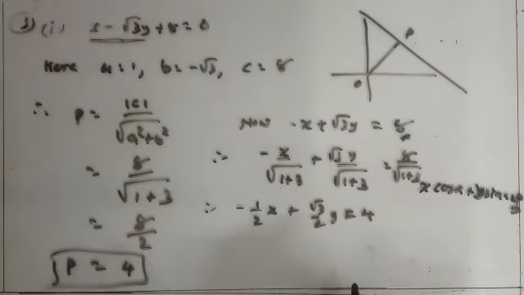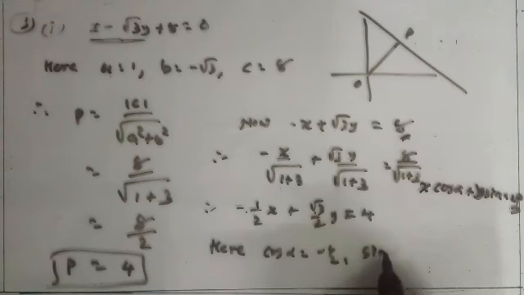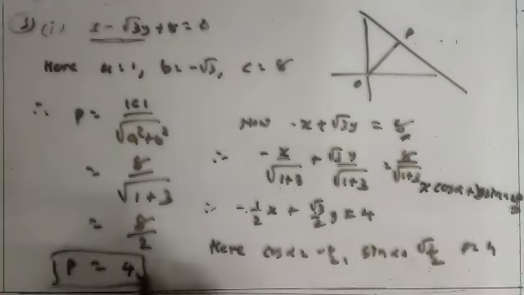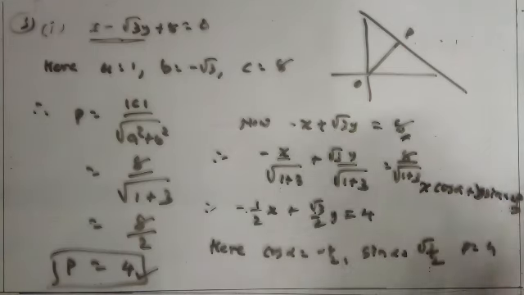Now compare with x cos alpha plus y sin alpha is equal to p. Here cos alpha is equal to minus 1 by 2, sin alpha is equal to root 3 by 2, and p is equal to 4. Clear? From this, cos alpha is negative, sin alpha is positive.